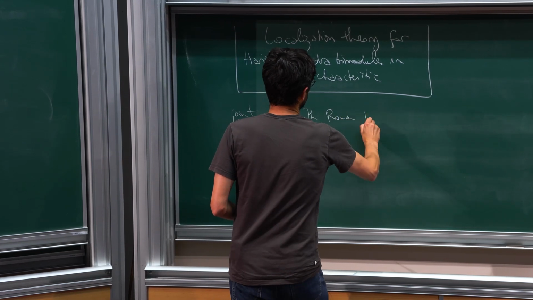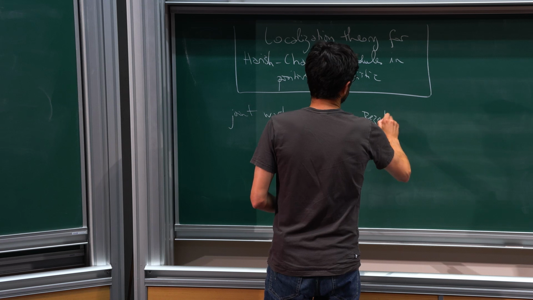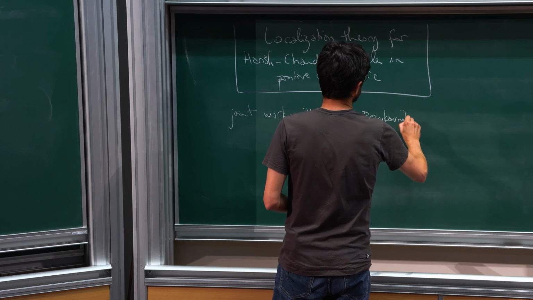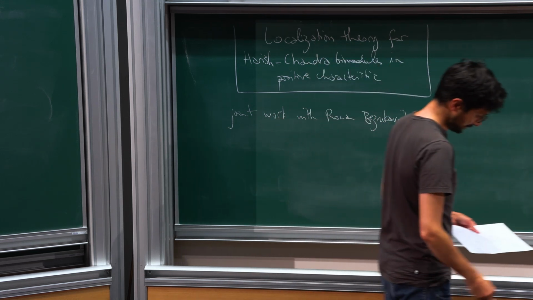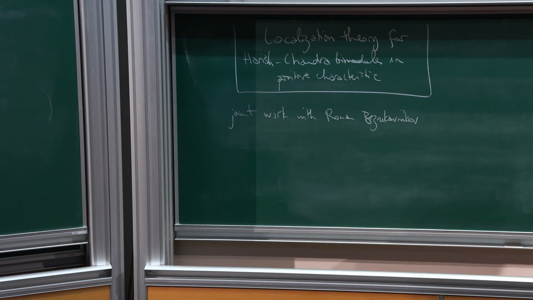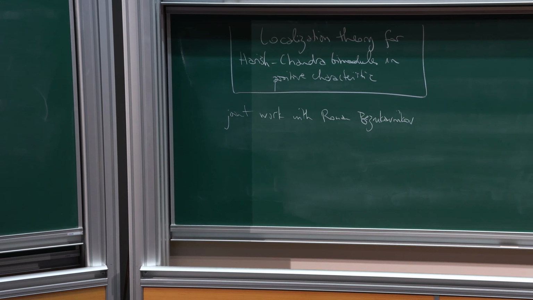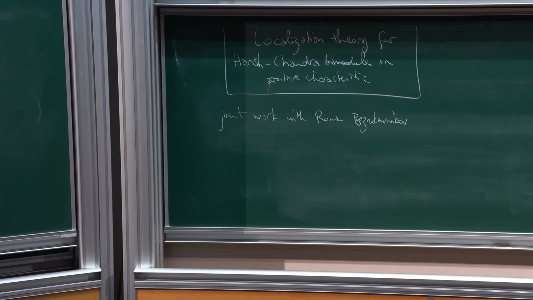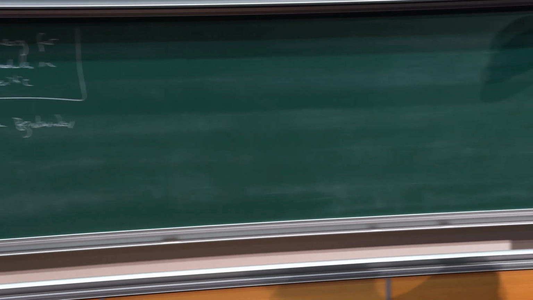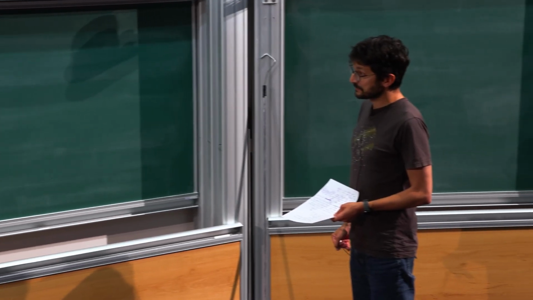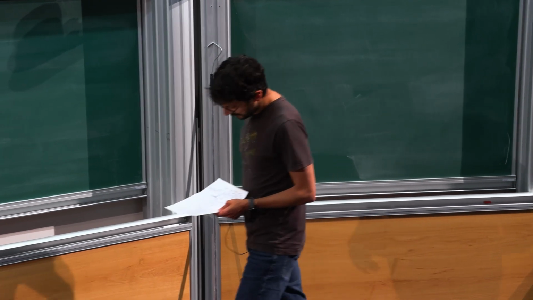In fact, this also has some connection with the talk that we just saw, in that the main objects of interest are representations of Lie algebras in characteristic p, but at least what we do is unrelated to any p-adic story.